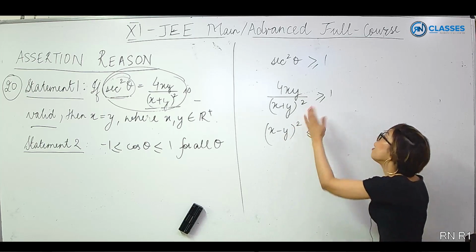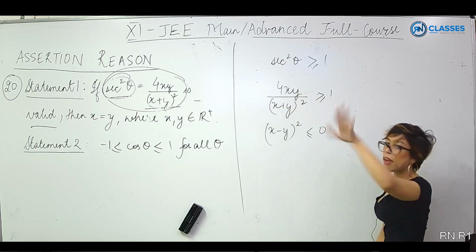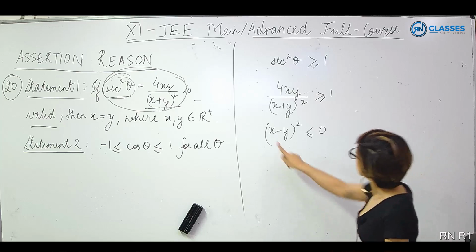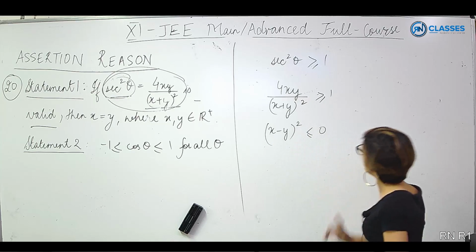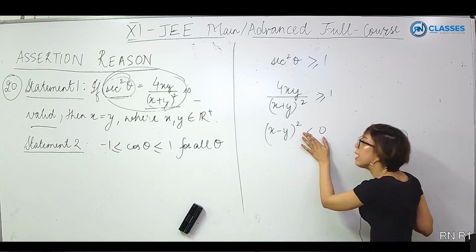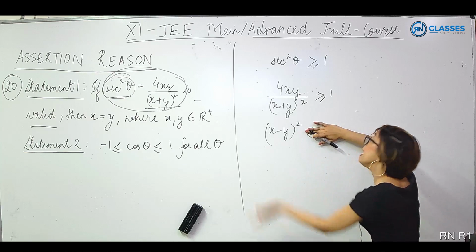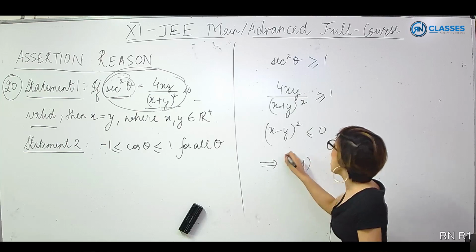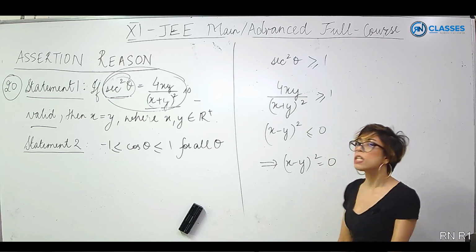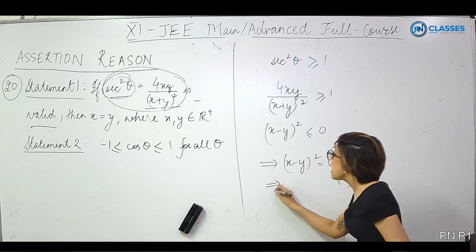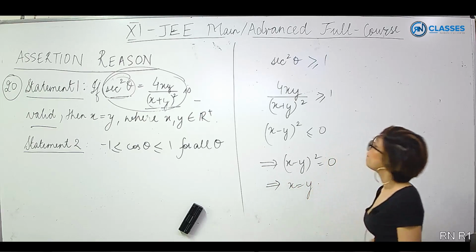Because you'll open it up, 2xy and then minus 4xy, you will get the gist. Now, (x minus y) whole square less than equal to 0, a squared quantity cannot be less than 0. That means it has to be equal to 0. Only one case. That means x minus y equal to 0, that means x equal to y.